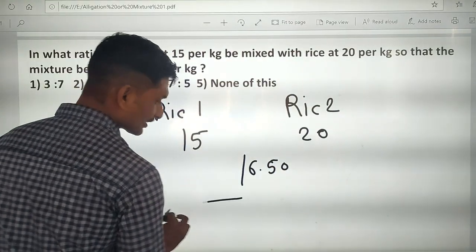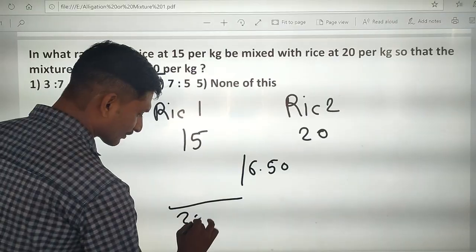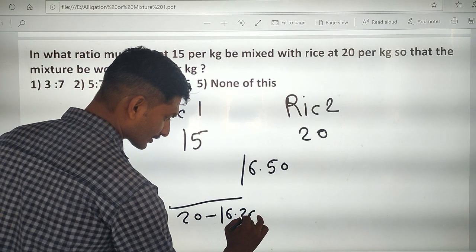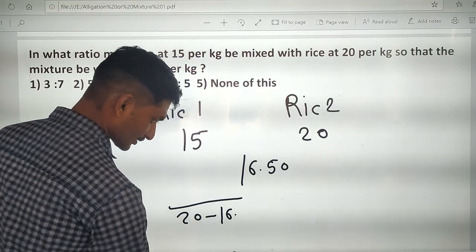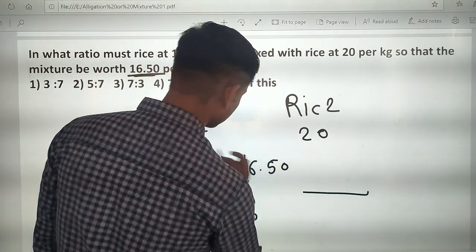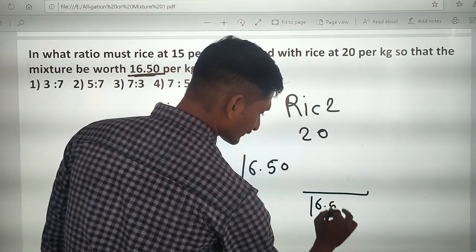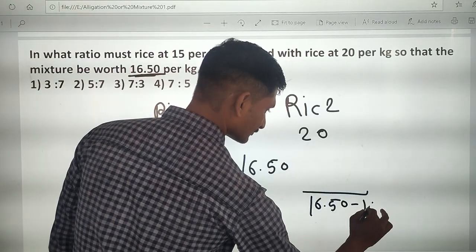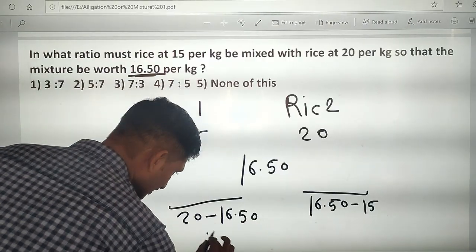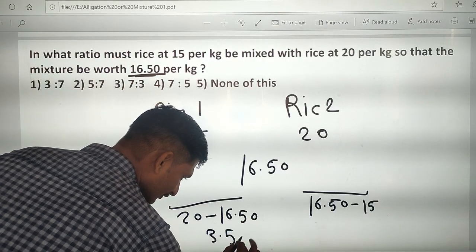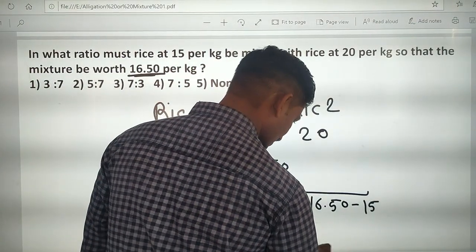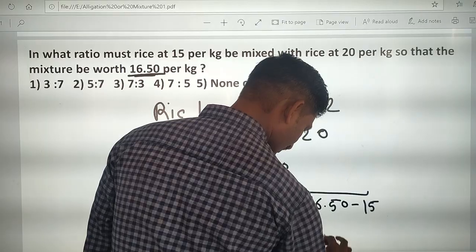Here we write the subtraction of these two, and here the subtraction of these two. Here the subtraction is 3.50, and here the subtraction is 1.50.